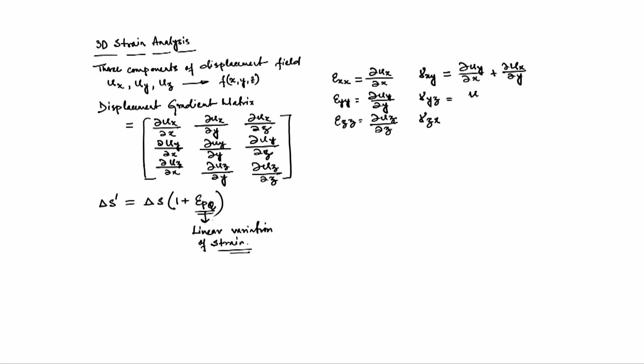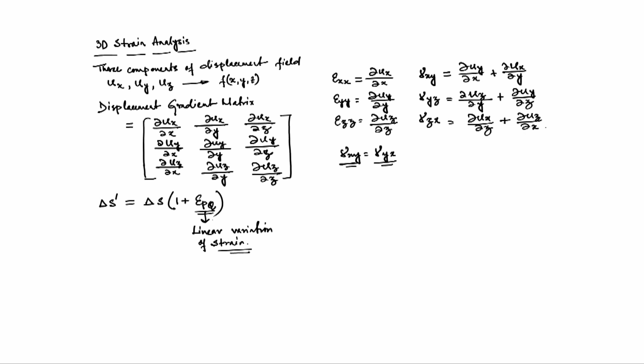Similarly, Uz differentiated with respect to y plus Uy differentiated with respect to z, and the last one Ux differentiated with respect to z plus Uz differentiated with respect to x. And in fact, here it is very easy to prove that gamma xy is equal to gamma yx. Similarly, for the remaining 2 directions also we can prove the same thing.